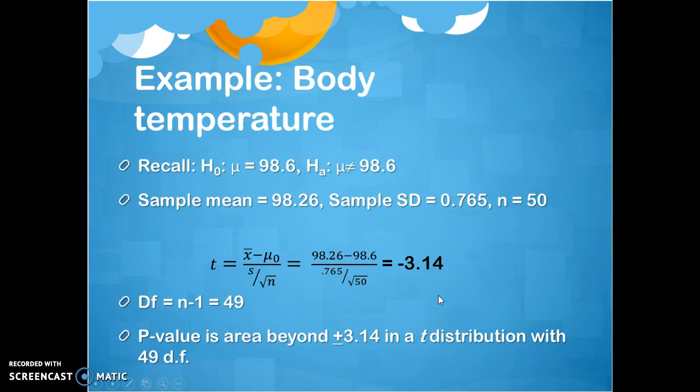Exact same ideas with the randomization distribution, except we're starting with the theoretical distribution instead of simulating one.